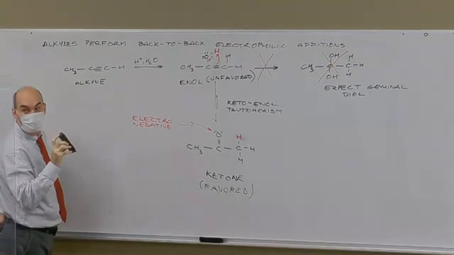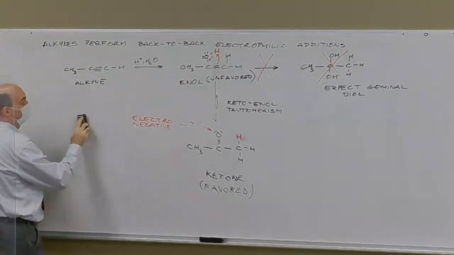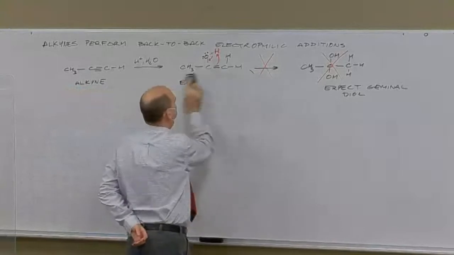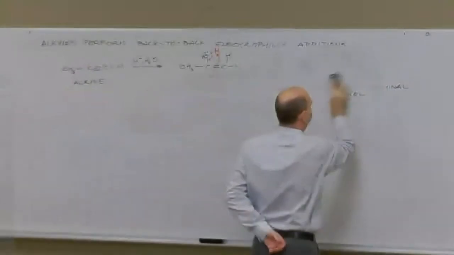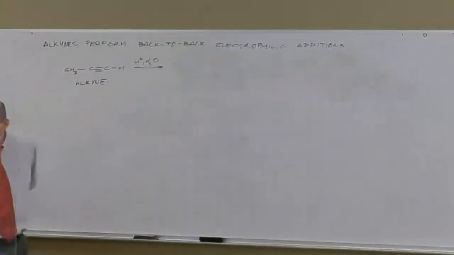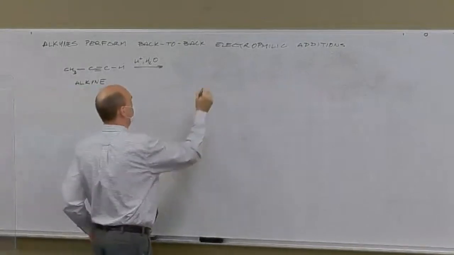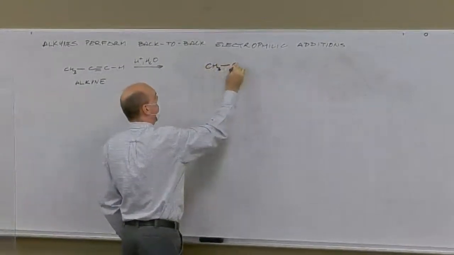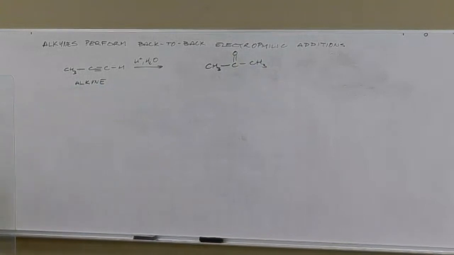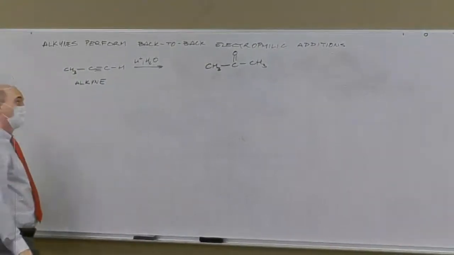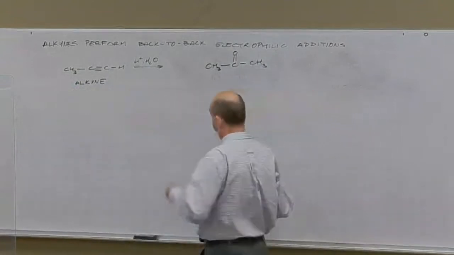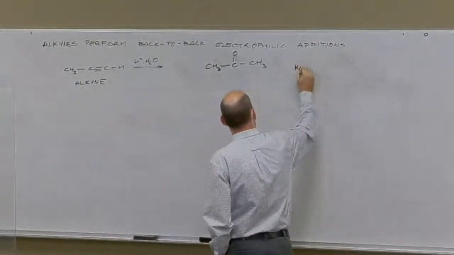There is something in here that is hiding. If I take an alkyne, an asymmetric one, and I put it in dilute acid, like dilute sulfuric acid, then I make this ketone.